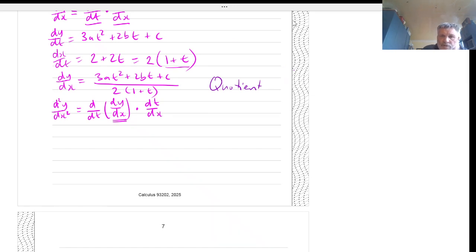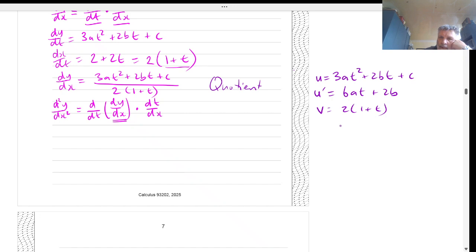Some people like to write down u as our numerator. If we differentiate that, we get 6at plus 2b, and v is our denominator. If we differentiate that, we just get the 2 out the front. Yeah, it's 2 plus 2t. The constant term vanishes, differentiation of 2t is 2. So that's what we've got.